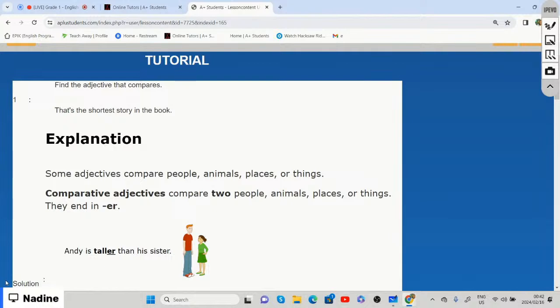And if we look at the sentence, it says, that's the shortest story in my book. So that is comparative adjectives when there are, for example, two people that are being compared.